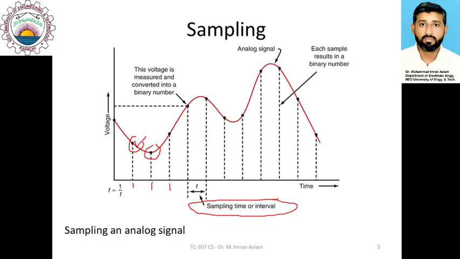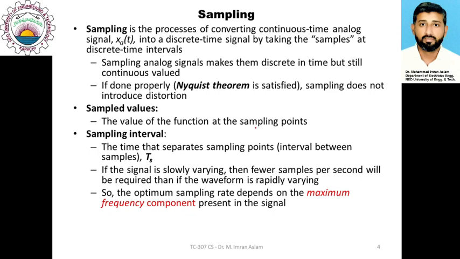For example, the first sample shows the voltage at this point, the second will show the voltage at this point, and so on. Each sample would represent the voltage level at that particular time, which will later on be converted to a binary number by using the quantization process.